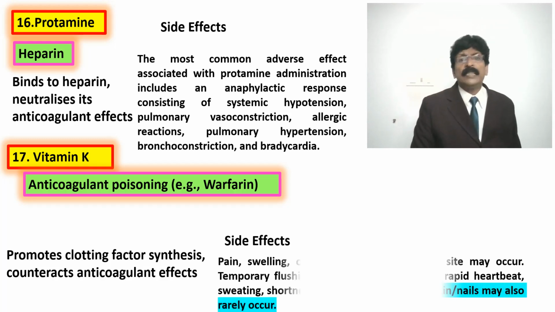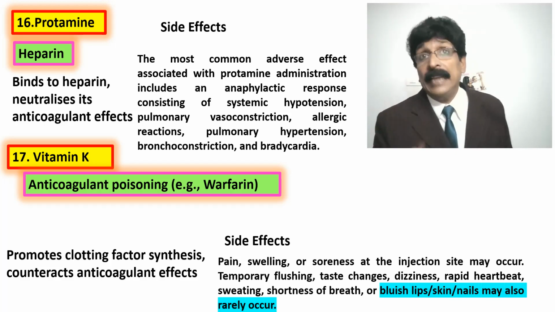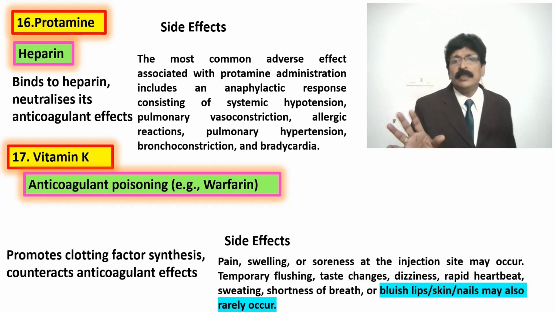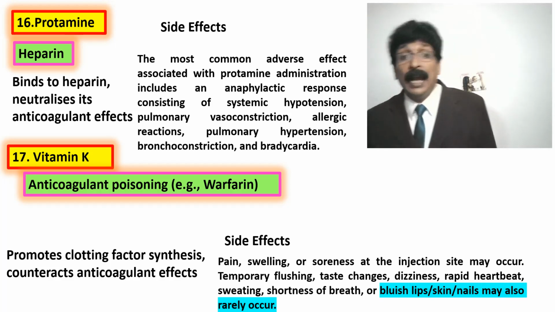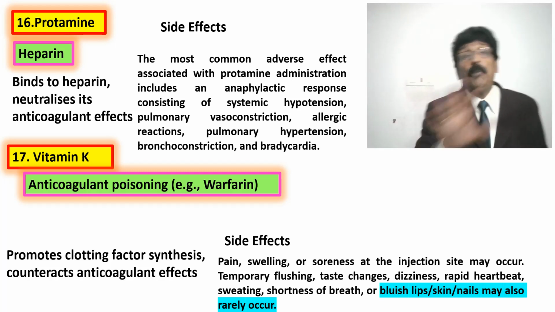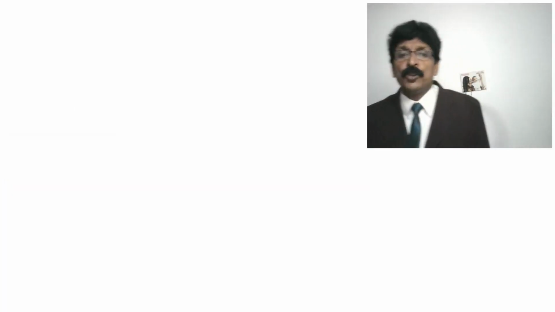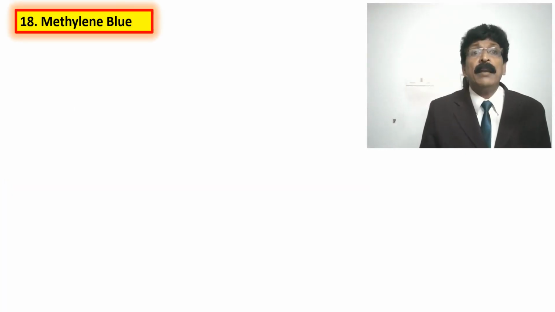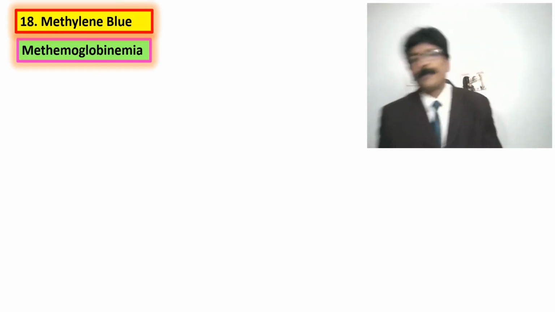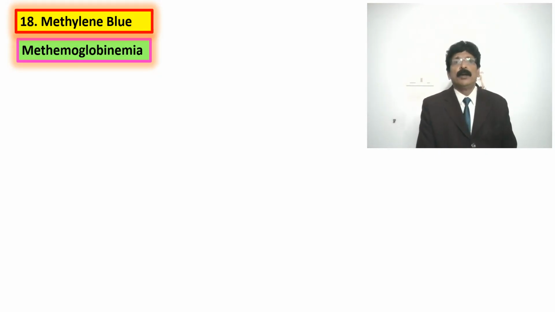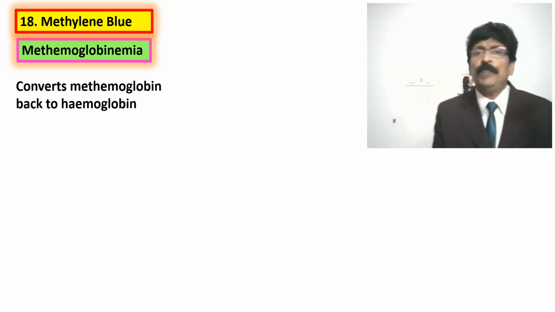Side effects: pain, swelling or soreness at the injection site may occur. Temporary flushing, taste changes can be seen, dizziness, rapid heartbeat and sweating, shortness of breath and bluish lips, as we have just shown, nails and fingers becoming bluish, may also rarely occur. Number 18, methylene blue, is used for methemoglobinemia. It converts the methemoglobin back to hemoglobin.